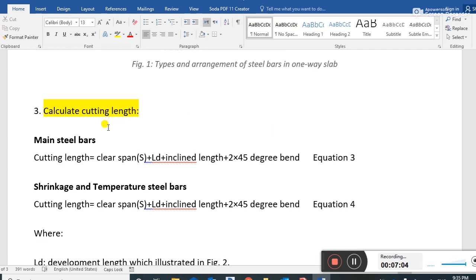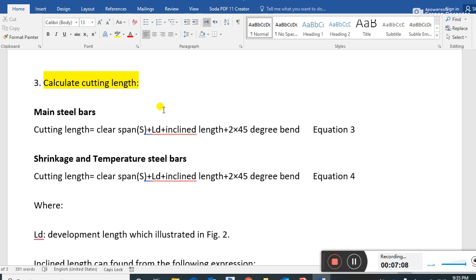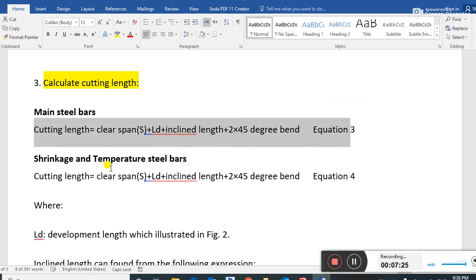Calculate cutting length for main steel bars. Guys, we have equation number 3 here. Cutting length is equal to clear span plus LD plus inclined length plus 2 times 45-degree bend. This is the equation for cutting length of main steel bars.